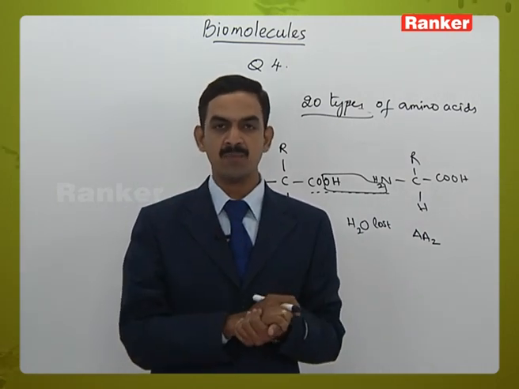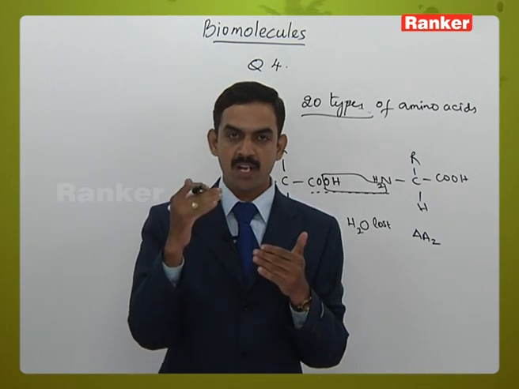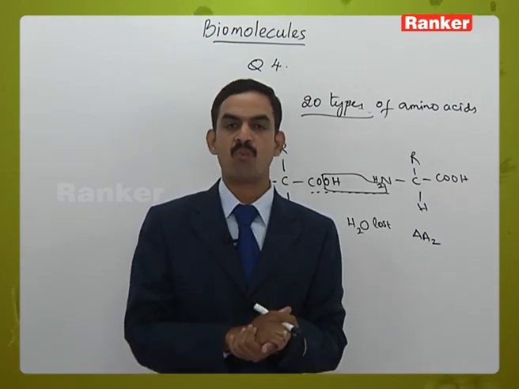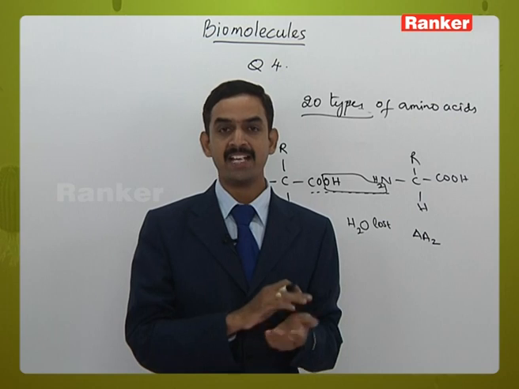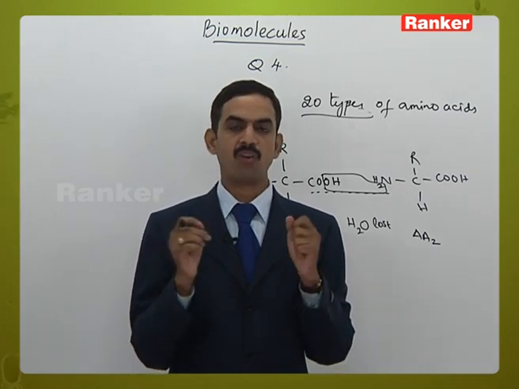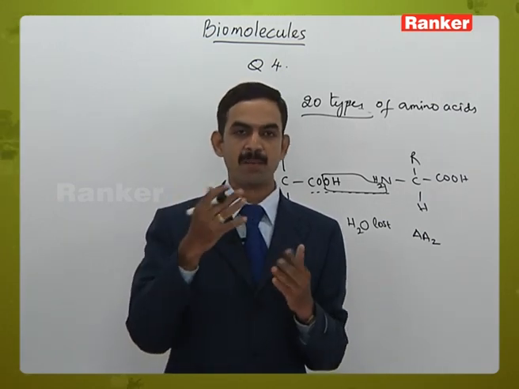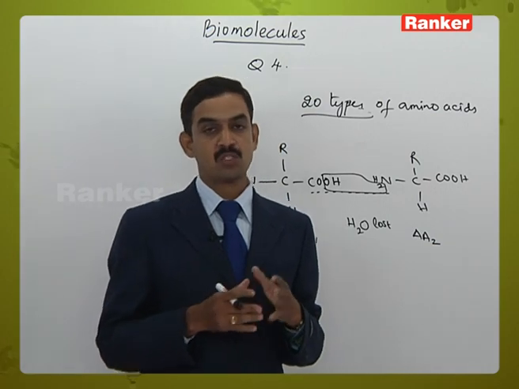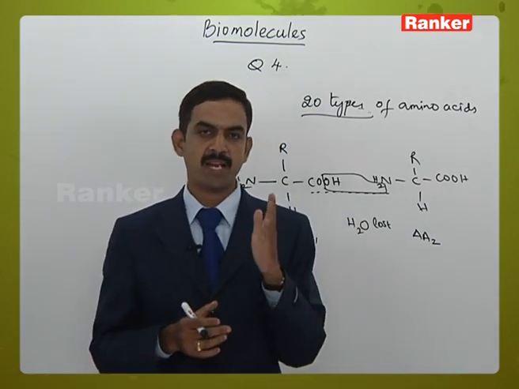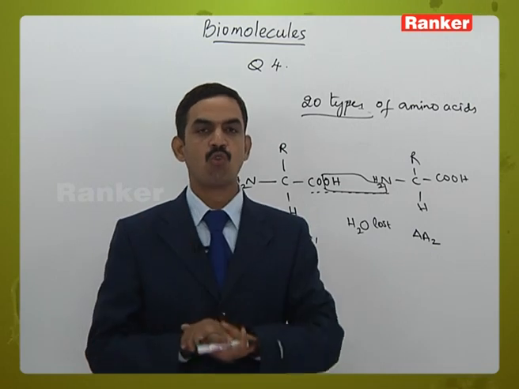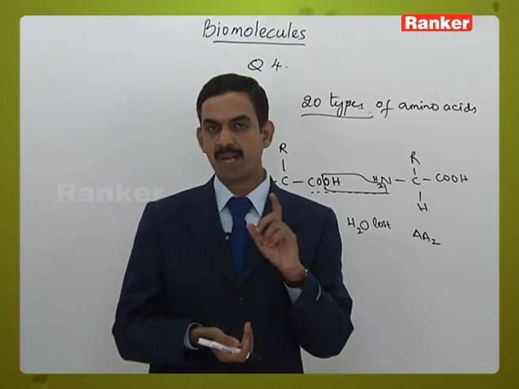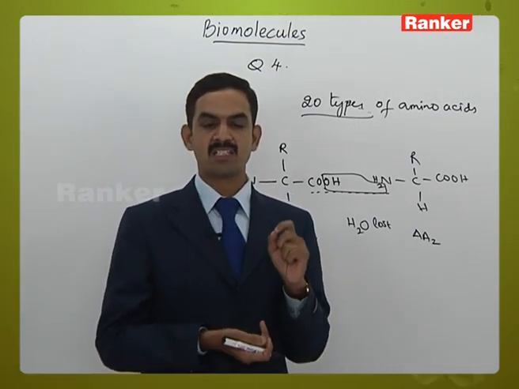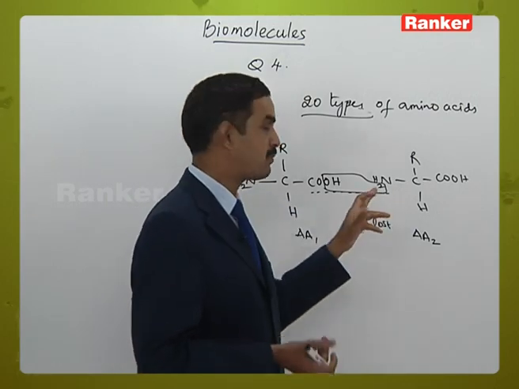Tertiary means the coiling is overlapping one above the other. And quaternary means chains of proteins will be overlapping one above the other. So likewise, we can see the difference between the primary, secondary, tertiary, and quaternary structures. And in the primary structure, the structure is stabilized by the formation of the peptide bonds.